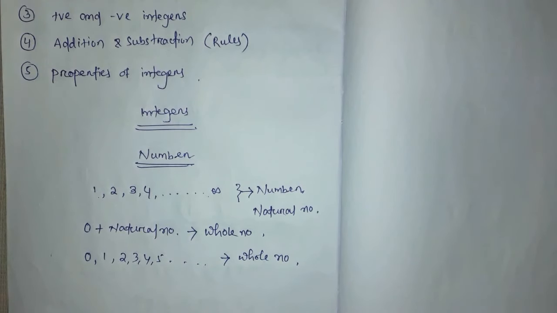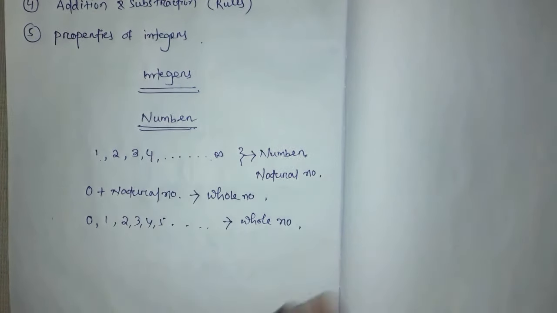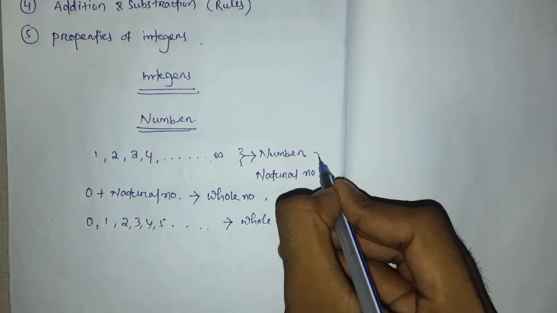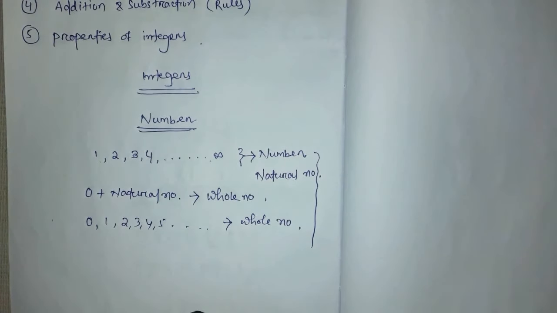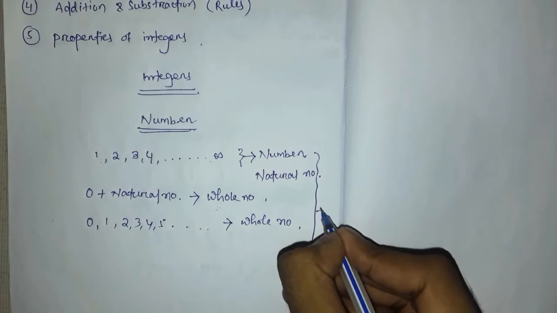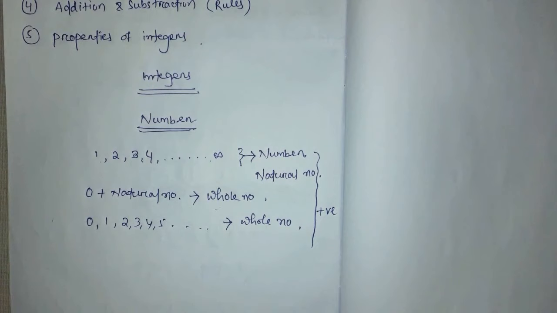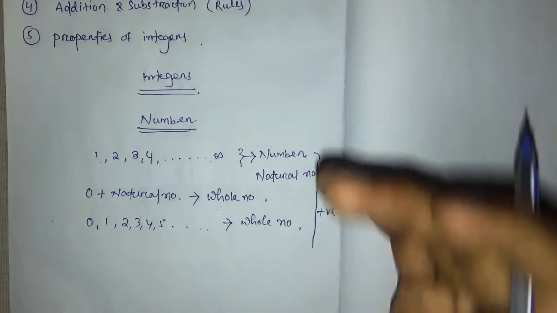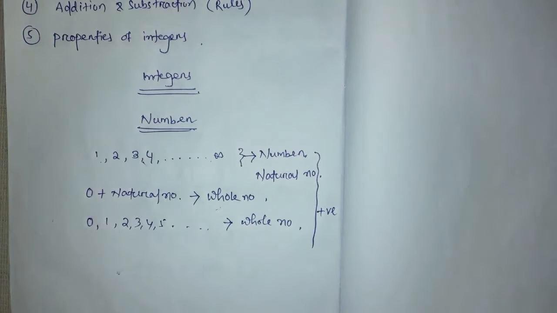Okay, then after, look here, all these numbers, the natural numbers and the whole numbers, are in the positive case. Positive case means no negative sign is here. So all these numbers we can say are positive numbers.